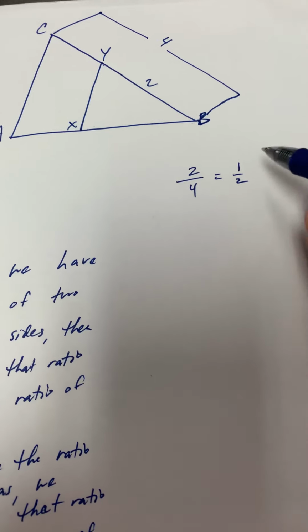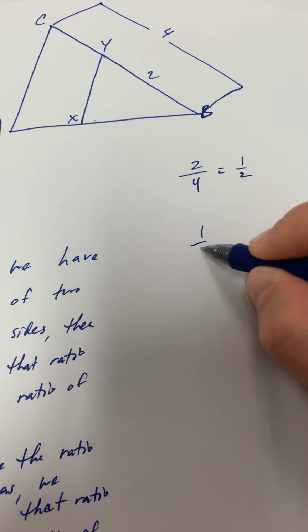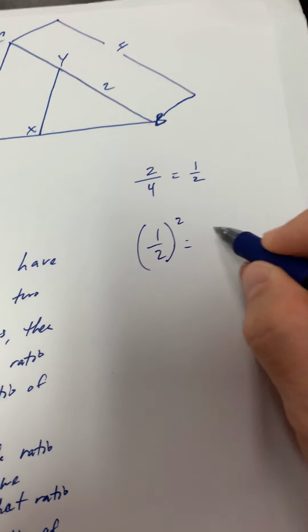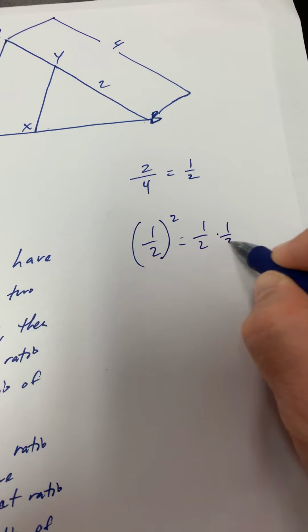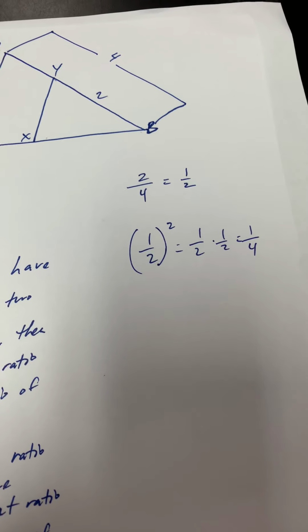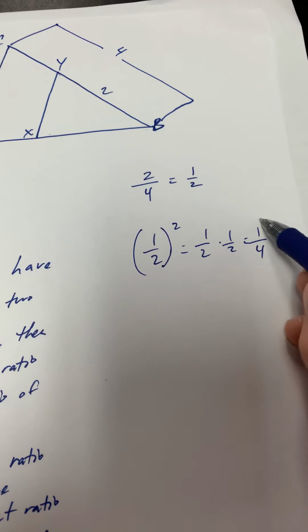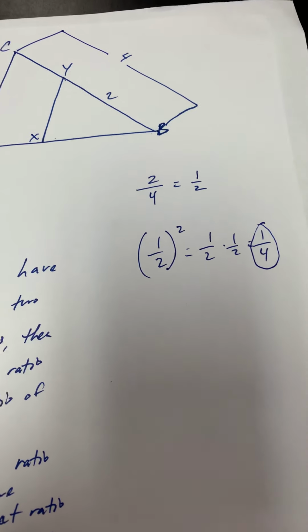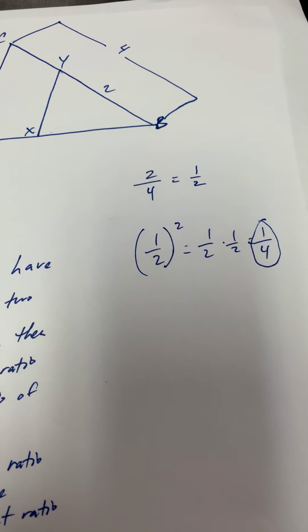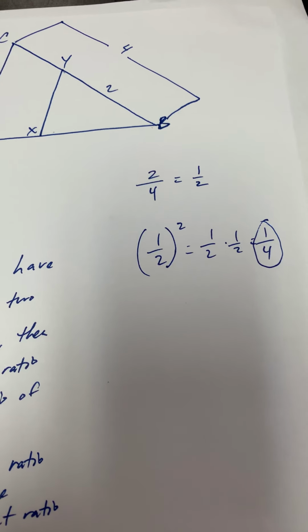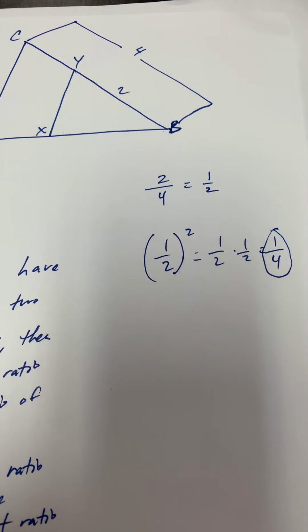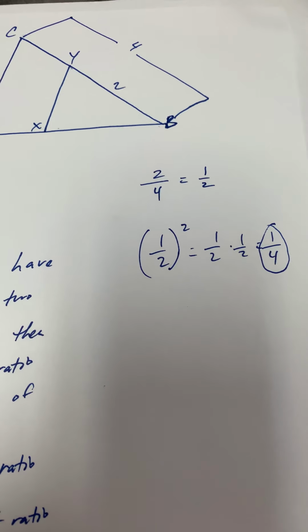So we're just going to take 1/2 squared, which equals 1/2 times 1/2 equals 1/4. So the ratio of the areas of the two triangles is 1/4.